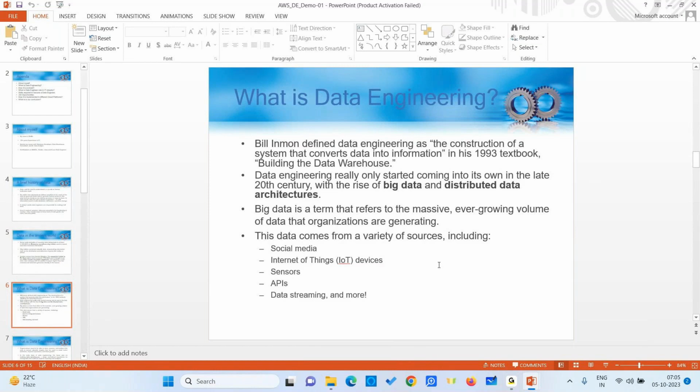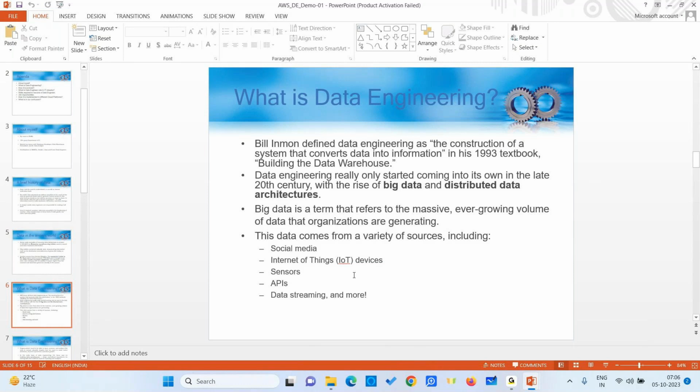Okay, and as I told you, this data comes from a variety of sources including social media, IoT devices, sensors, APIs, data streaming, and more. So every day data is feeding in different formats, so that data needs to be processed for analysis purposes for the data scientists and data analysts.